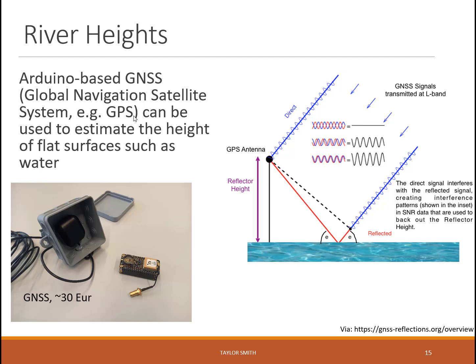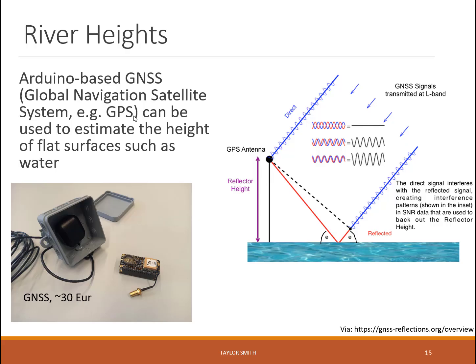For river heights, we also used GPS data. So this same data that Bodo was looking at this morning, talking about water vapor, you can use a similar strategy to understand how high above the water your GPS antenna is sitting. Everywhere in the world you're getting these GPS signals shot down at the earth, right?